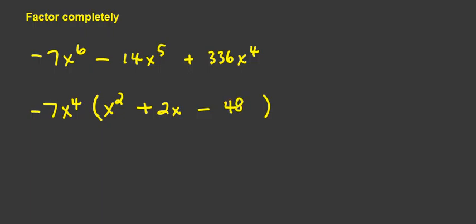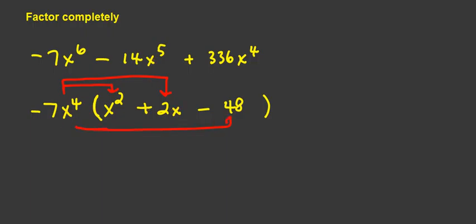Right? And just as a sanity check, you can distribute the GCF back through to make sure you get what you started with. Negative 7x to the 4th times x squared gives us this. Then negative 7x to the 4th times a positive 2x: negative 7 times positive 2 is negative 14, and x to the 4th times x is x to the 5th.